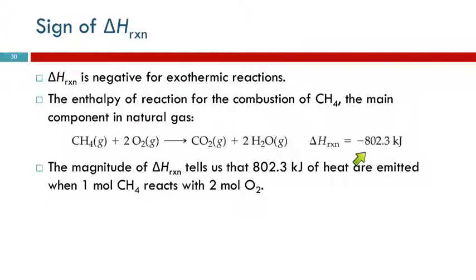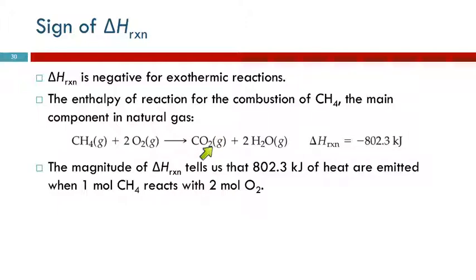So by convention, when we give delta H, we say that this is the amount of energy for the amounts of each of these in moles. Because moles are more useful to us than numbers of atoms, because that would be too big a number. So 1 mole of this is going to release this amount of energy. 2 moles of oxygen.